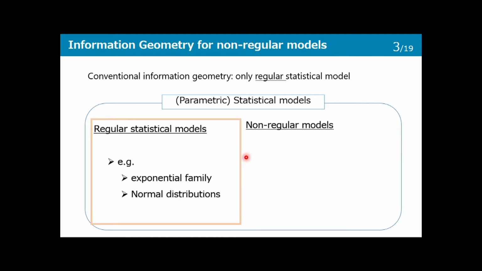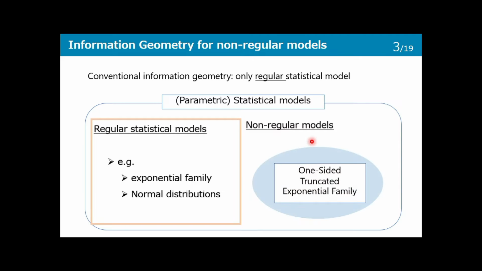Then, some non-regular statistical models are out of focus, although these models could be practical. This model, the one-sided truncated exponential family, is such a non-regular statistical model.